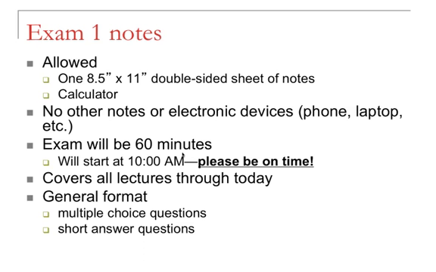I was asked about the number of questions. My plan is to have 9 type A multiple choice questions and 3 type B multiple choice questions. For type A, we have 2 points each, so that's 18 points. For type B, we have 4 points each, so that's 12 points.